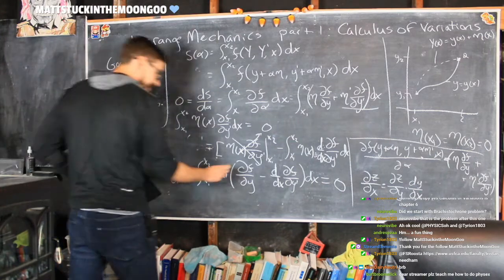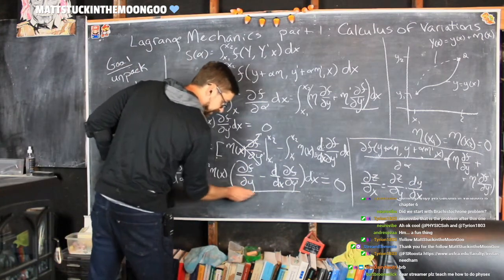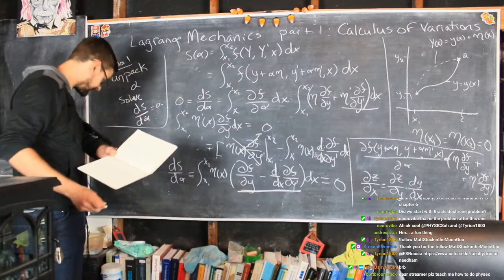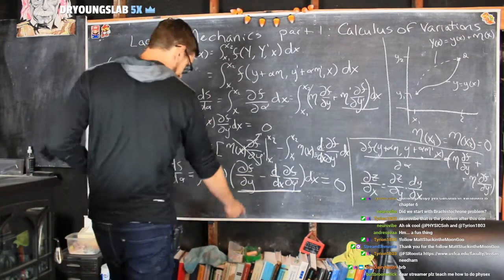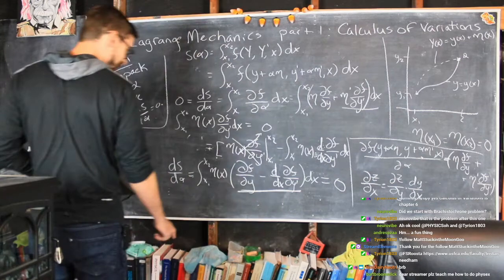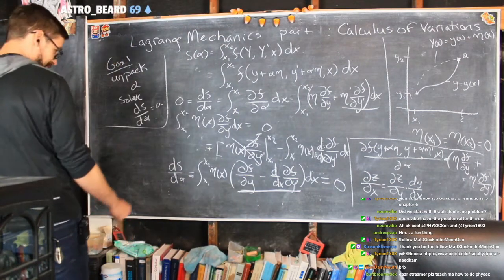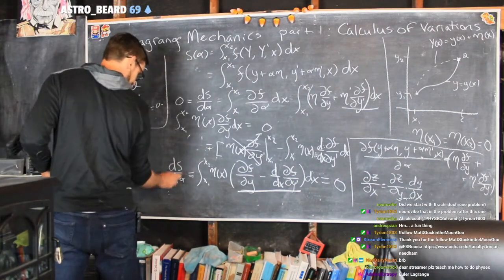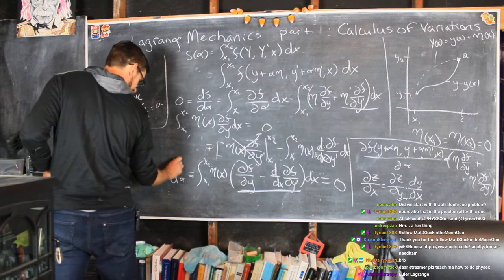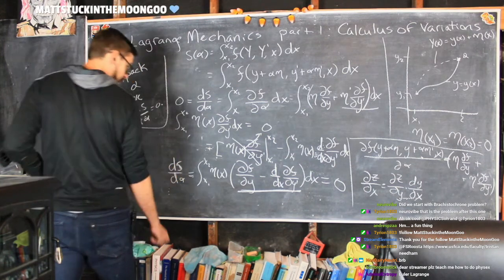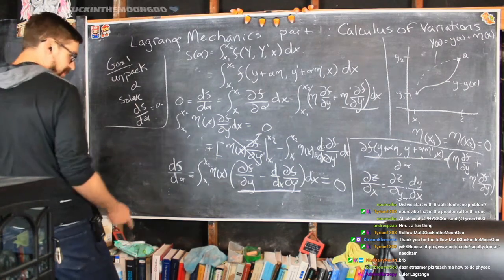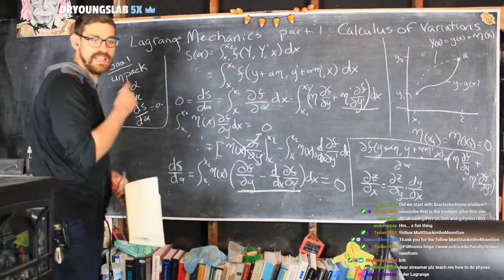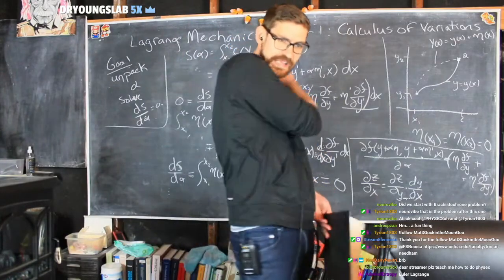Does anyone know what this is? That's the big one. That's the kicker. All of this was to get here. Why? Because if s is the smallest, if it's the minimum value, we need it to be equal to 0. How do we know it's equal to 0? Well, we already said we can let eta be infinitesimally whatever.